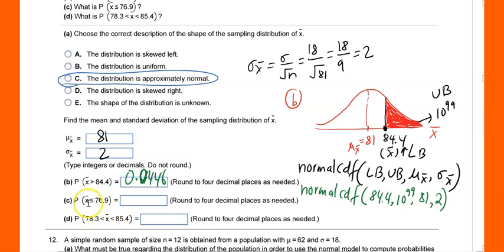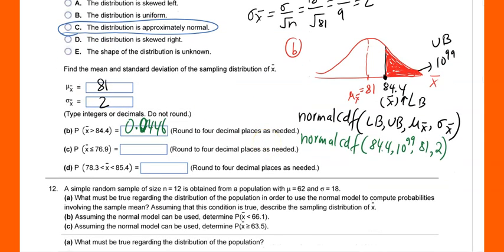And similarly for parts B and C, you can do the same way. I just want to write it down, but you finish yourself. Okay, this is for part A. For part C, you do normal CDF, and notice that we are less than or equal to 76.9, therefore you have no lower bound.